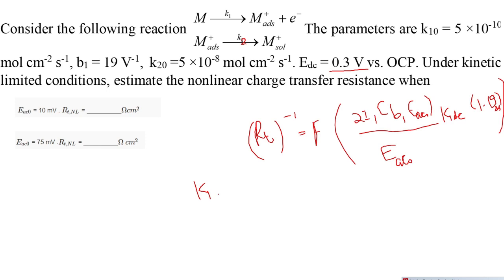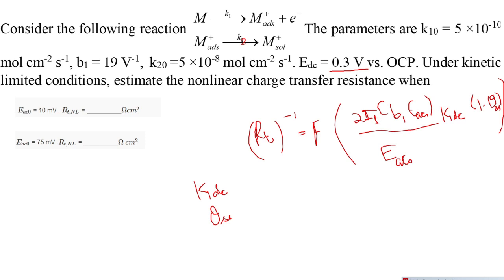Why can't we cancel this EAC naught? EAC naught is in numerator as well as in denominator. We cannot cancel out, because this is a Bessel function of B1 EAC naught. This I1 is the Bessel function, the first coefficient.